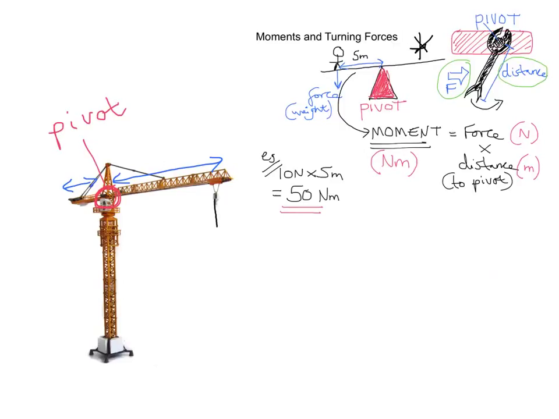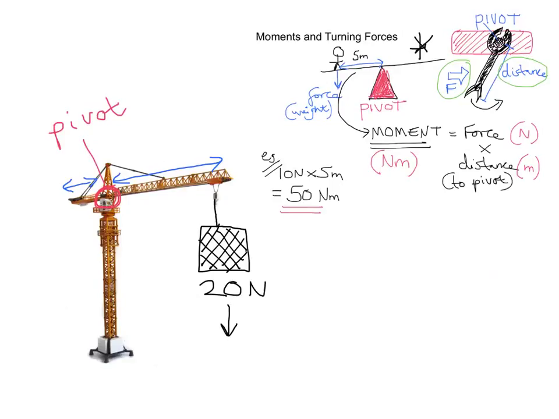From this cable, let's imagine that we've got a block here, and let's put a number on this. Let's say that is 20 newtons, pushing down with a force of 20 newtons.